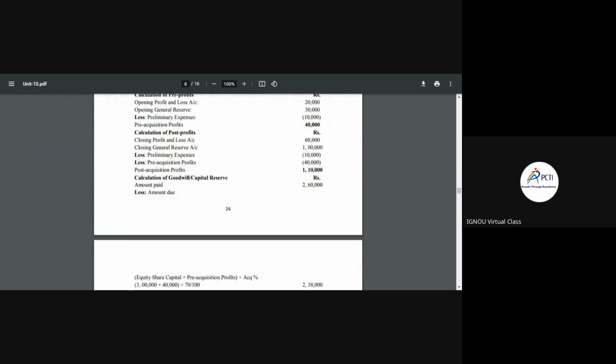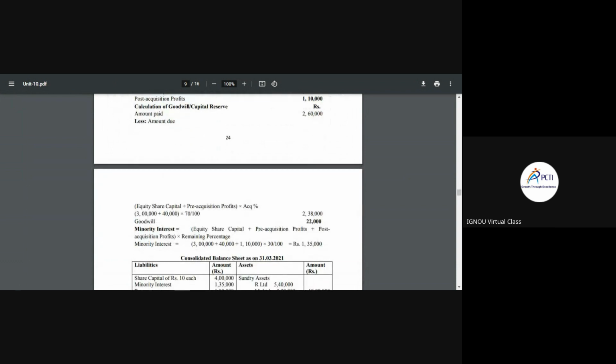Then we need to calculate the goodwill or capital reserve. First of all, we take the amount which we paid, that is 2,60,000. Then we deduct the amount which is due, that is equity share capital added to pre-acquisition profit, multiplied by the acquisition percentage. The acquisition percentage here is 70%.